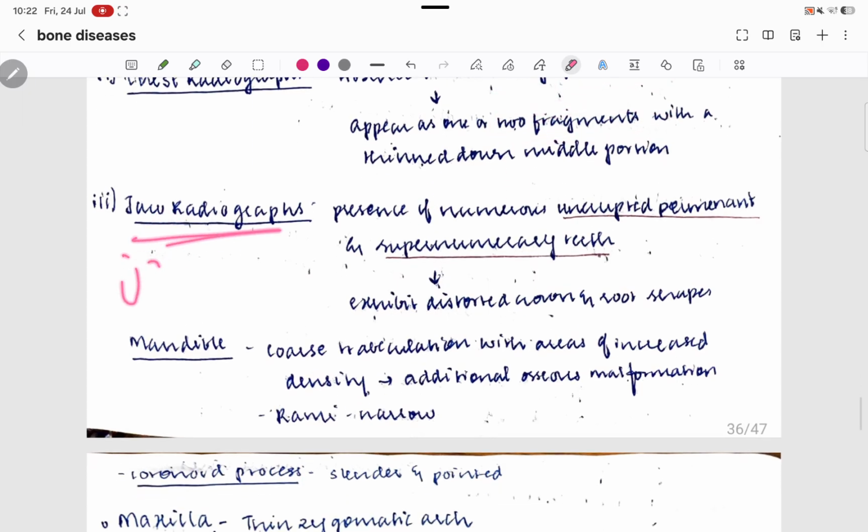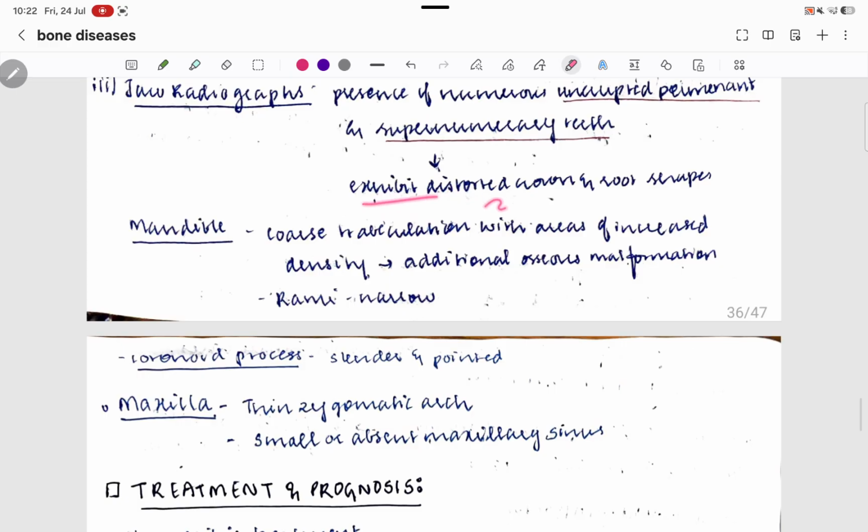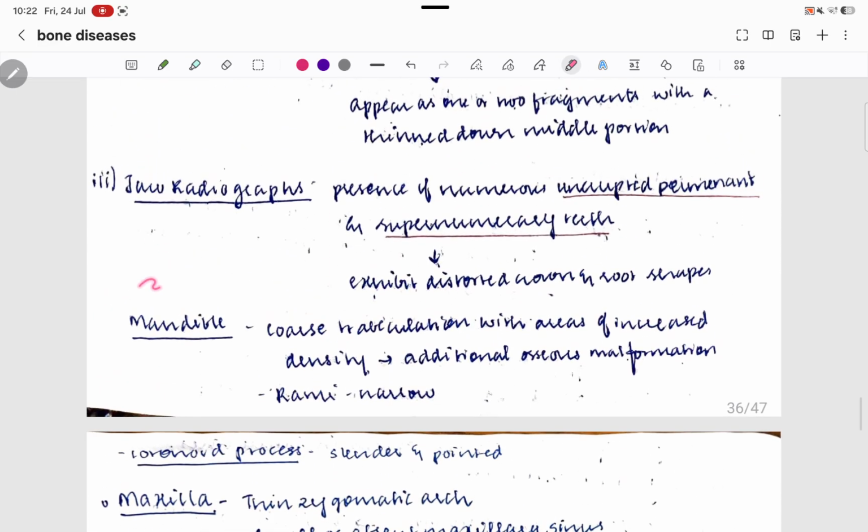Then coming to the jaw, presence of numerous unerupted permanent teeth, and we have many supernumerary teeth exhibiting distorted crown or root shapes. You can also see an increase in jaw size.